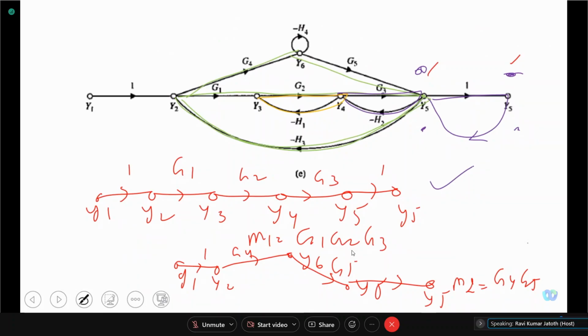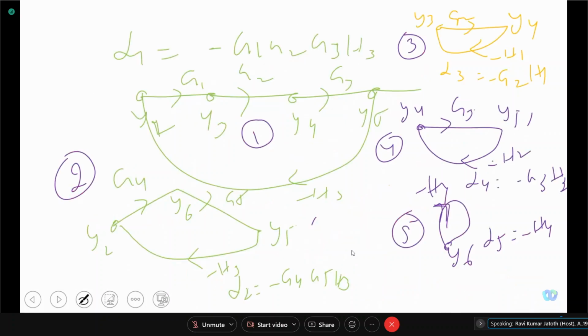Delta 1 is 1 minus the sum of gains of all the loops which are not part of this particular forward path. How many loops are not part of this path?